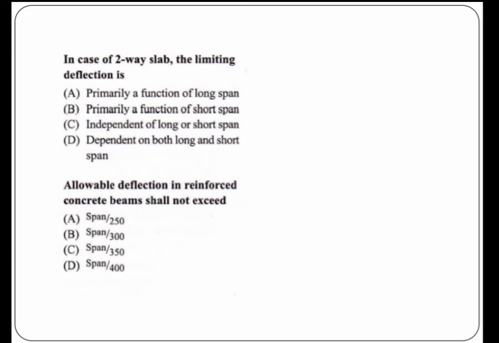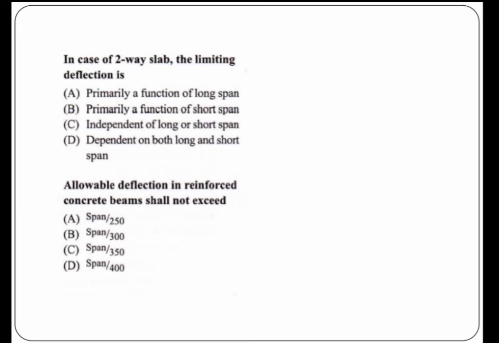Allowable deflection in RCC concrete beams shall not exceed. The correct answer for this question will be option A and C. Both options are right. Span by 250, span by 350. Span by 250 can be used for the final deflection due to all loads including the effect of temperature, creep and shrinkage, measured from as cast level of the support of floors.